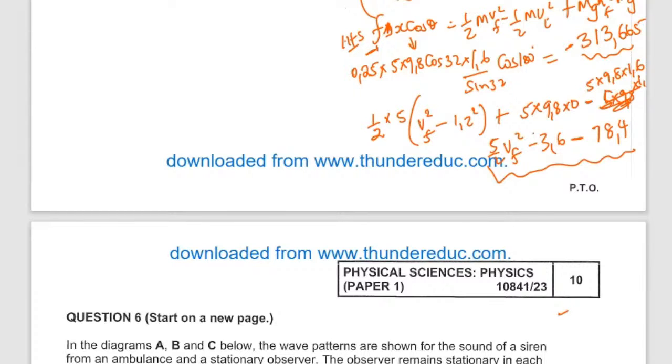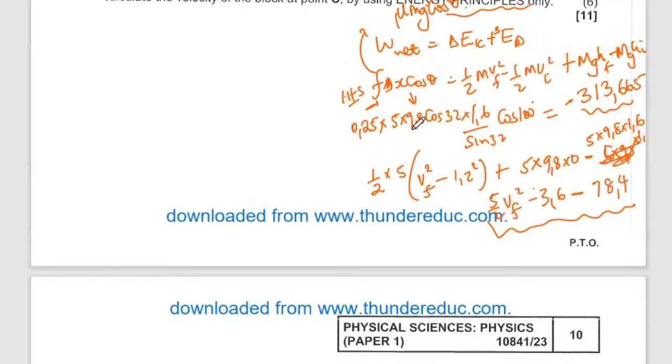So to follow through, let me just go back to my previous pattern, which is 0.25 times that.